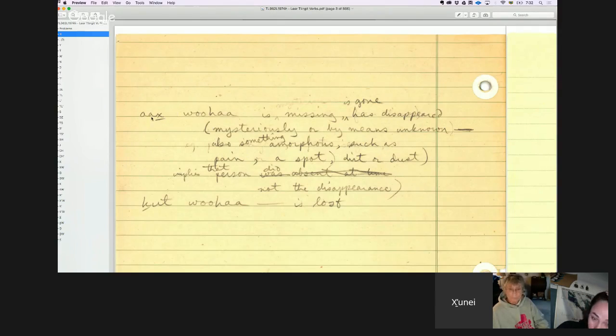But you should have the entry, then the definition, is missing, is gone, has disappeared. And if there are some notes, that might go either in the next paragraph down, or what I would prefer would be the third column, like mysteriously or by means unknown. So this is all the notes about the meaning of this thing.